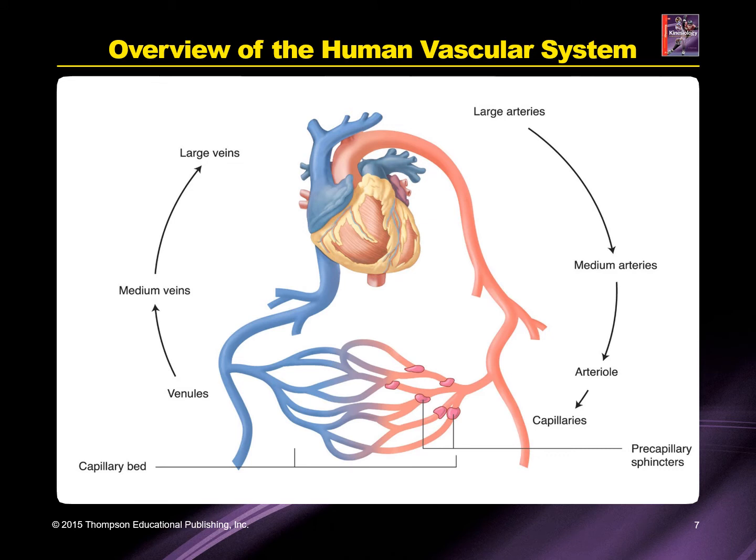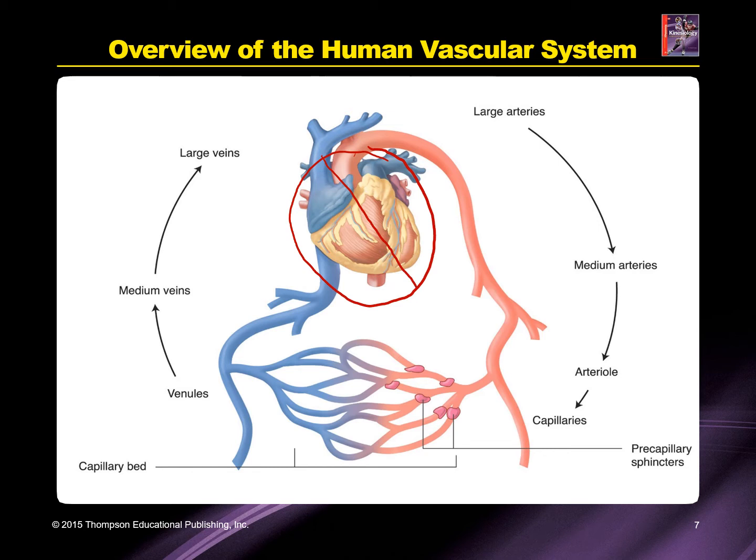So what you can see here is the heart. You'll notice it's blue and part of it is red, the red structures and the blue structures. But essentially there are two sides.